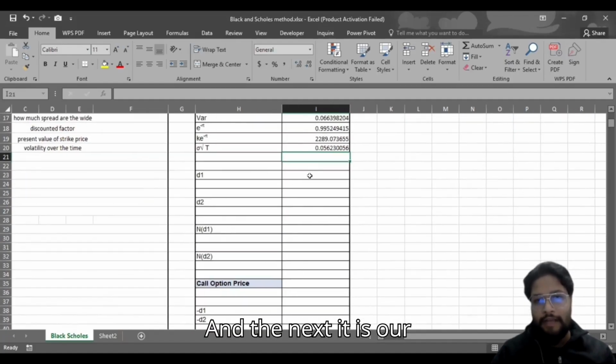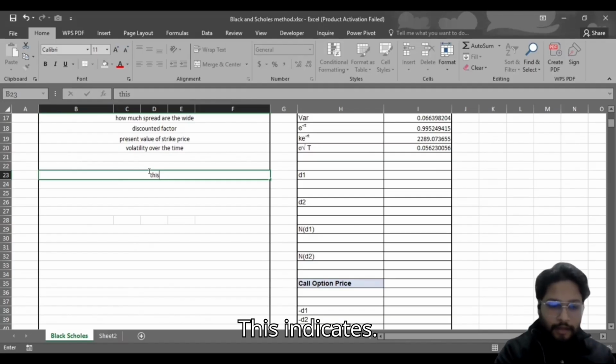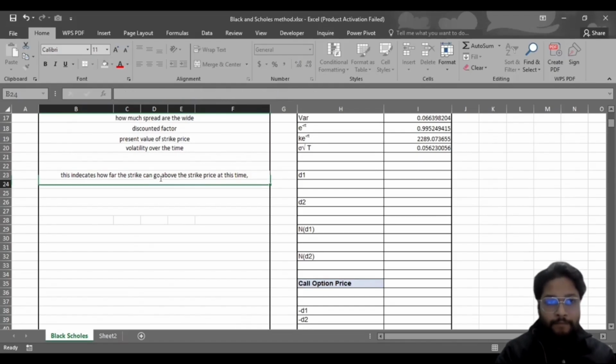And the next is our D1 calculation. D1 indicates how far the stock can go above the strike price at this time, considering volatility and time.